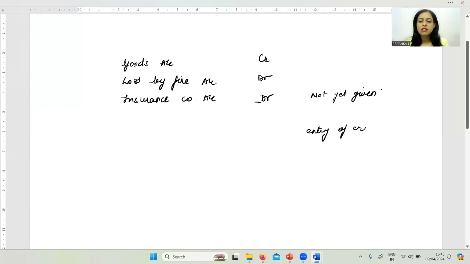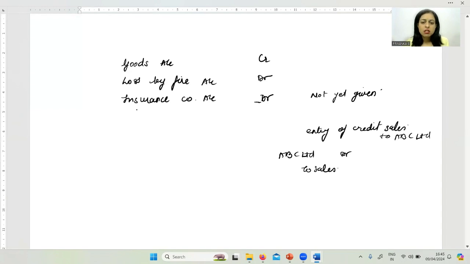Entry of credit sales. Whenever you make credit sales, how do you write it? Suppose it is a credit sale to ABC Limited. So what do you write? You say ABC Limited debit to sales. This is how you would write it. In this case, ABC Company Limited is debited. Why? Because ABC Company has received the goods from us.